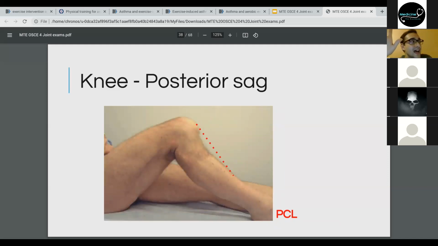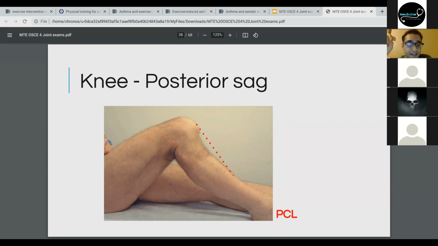If you do an anterior draw test on this patient and pull forward, it's going to feel like a positive test because you'll have translated that tibia forward. In reality, all you're actually doing is translating that tibia to the neutral position of where their knee should be, where the tibia should be. So you'll get a false positive.